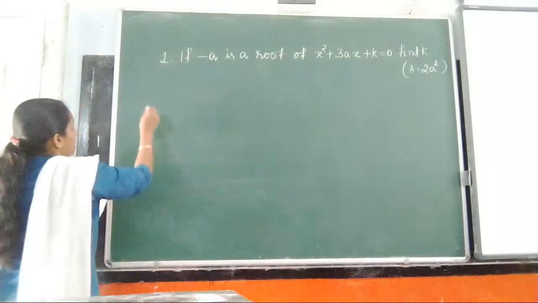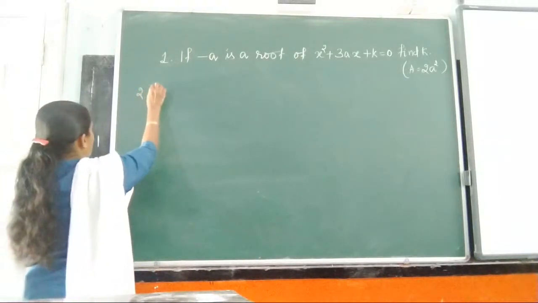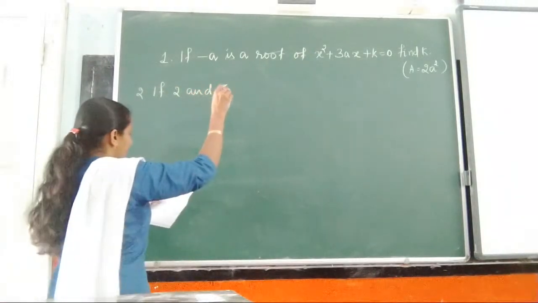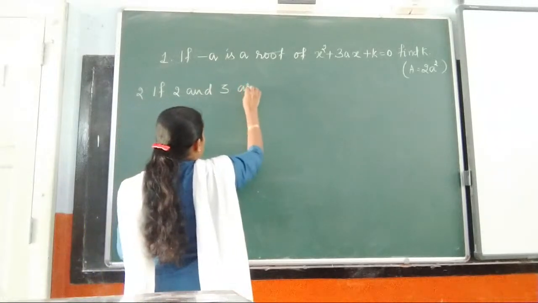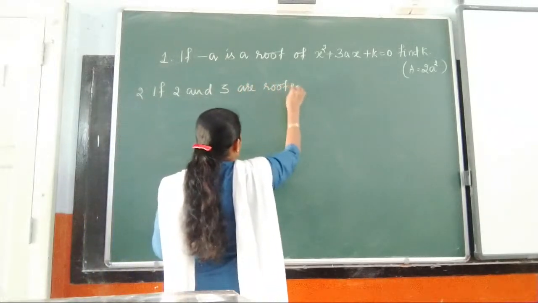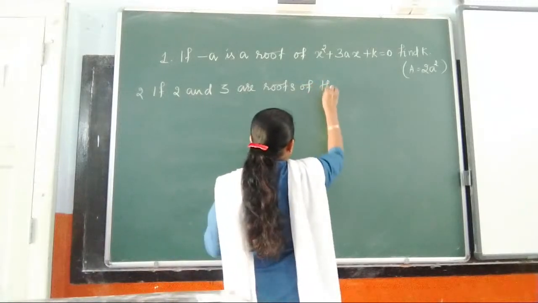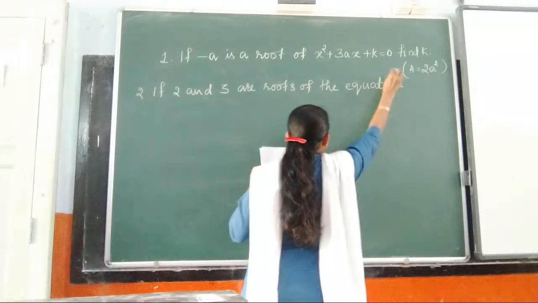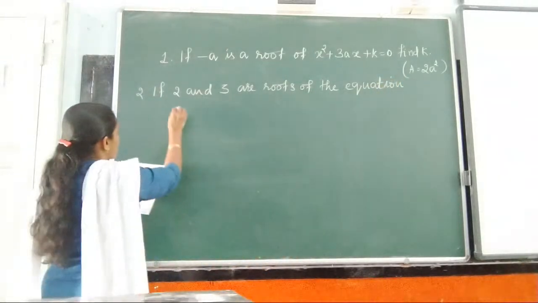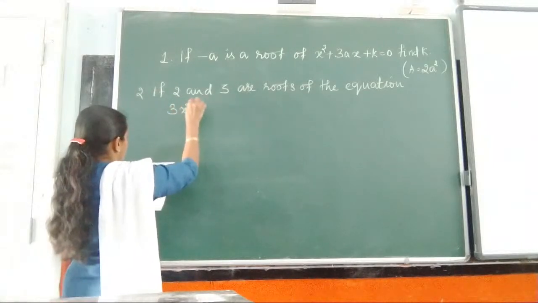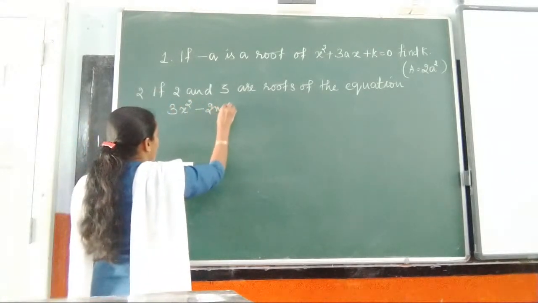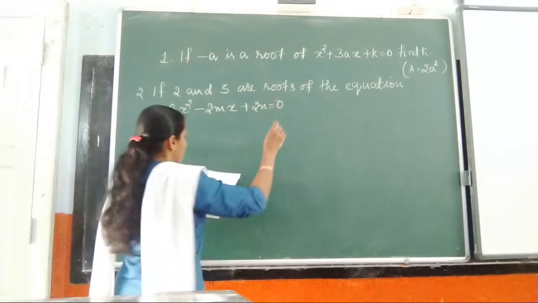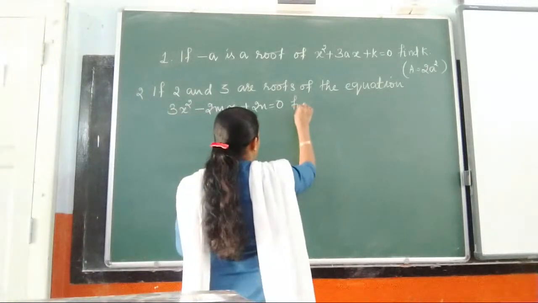Okay. And the second question. If 2 and 3 are roots of the equation 3x square minus 2mx plus 2n equal to 0, find m and n.